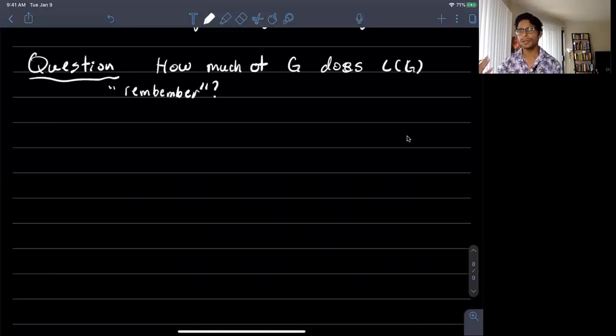Are there structural aspects of this group that are somehow still recoverable from the group von Neumann algebra? How can we use those to build invariants?